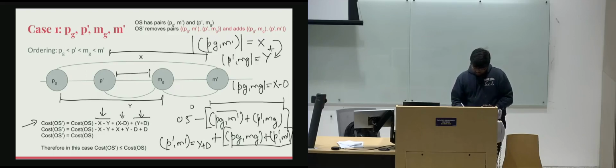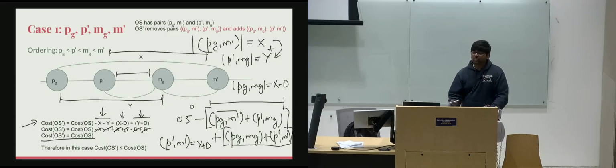And if you solve this equation, you will get something like this. X will be cancelled out, y will be cancelled out, d will also be cancelled out, and you will end up with this equation, which is saying that cost of OS prime is exactly the same as cost of OS. Is that clear? Make sense, this one? So now we have to prove it for the next cases as well.